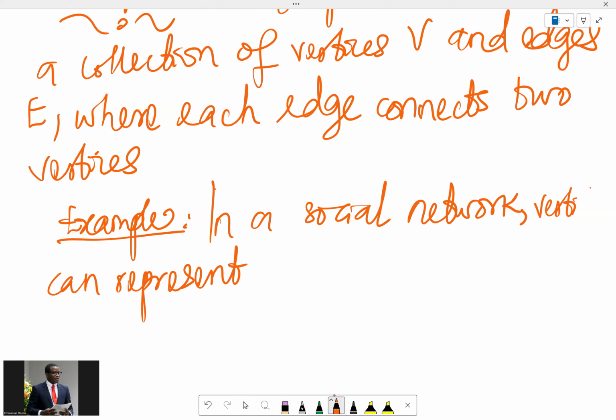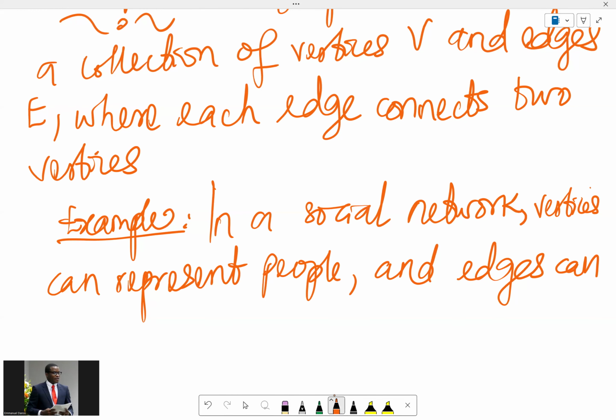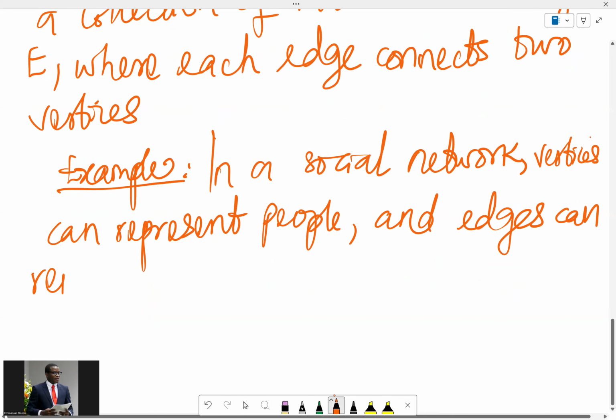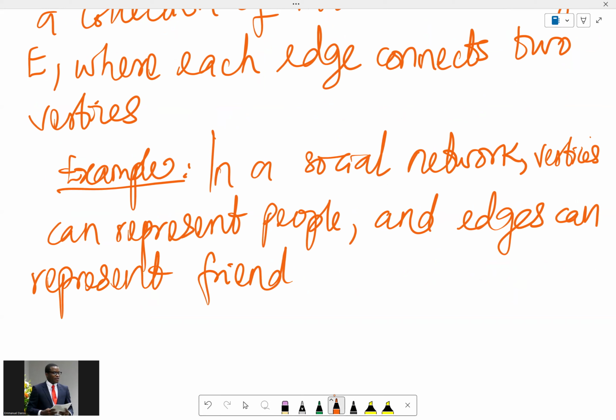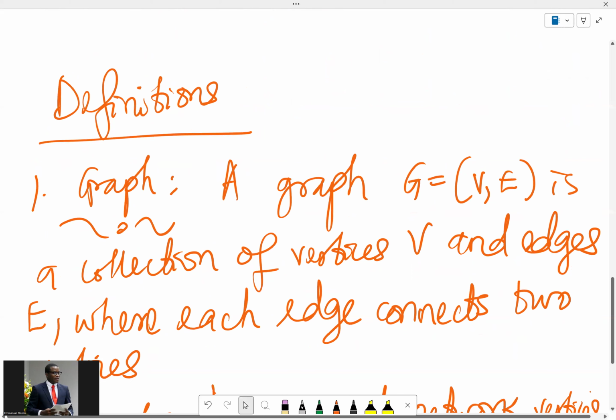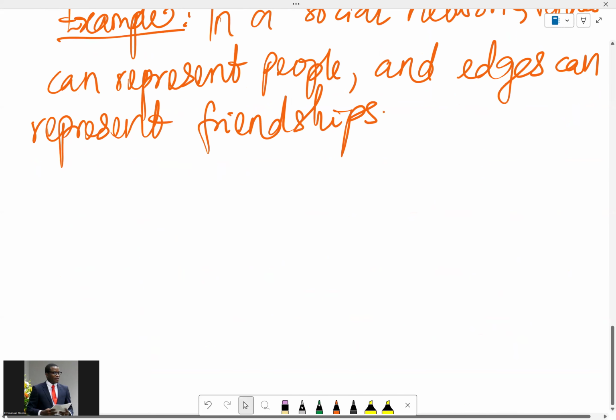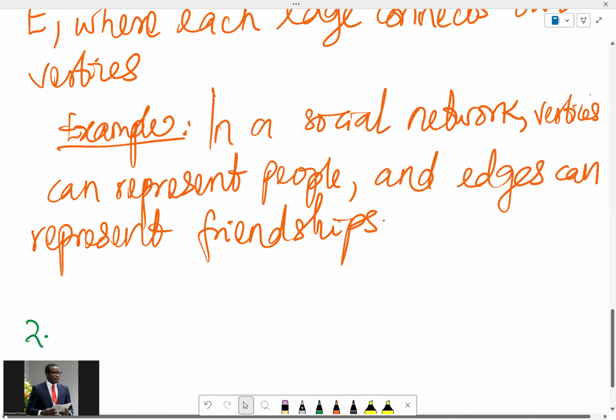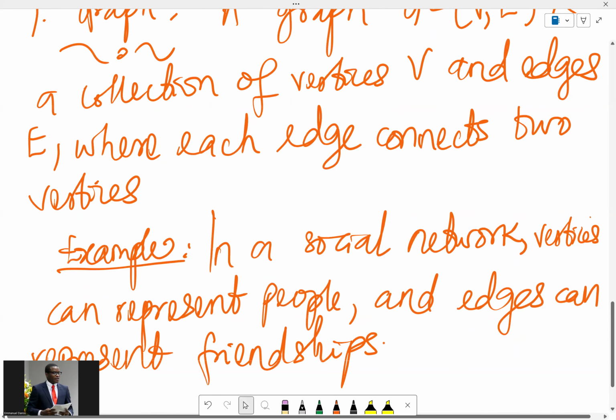The connections between us will be the edges. So in a social network, vertices can represent people and edges can represent friendships. As we go deeper into this, you'll understand the whole concept. So that's the idea of graphs. A graph is basically a collection of vertices and edges.